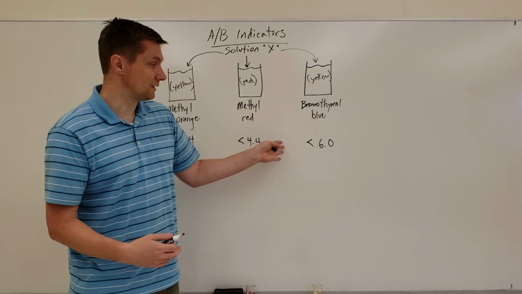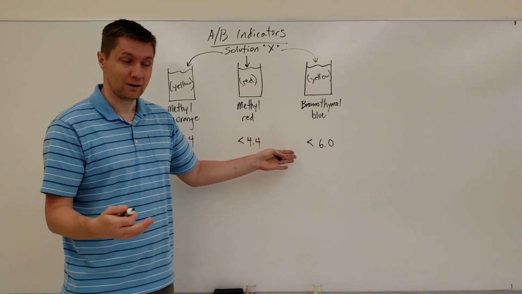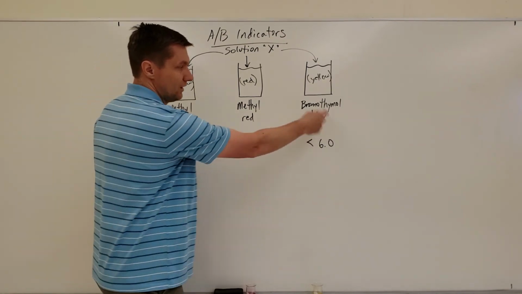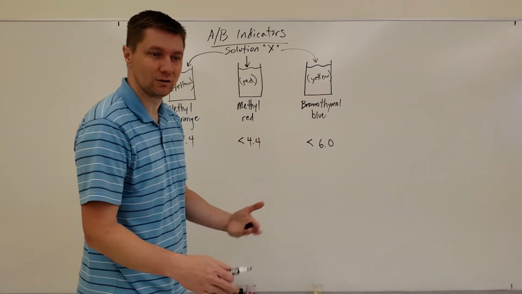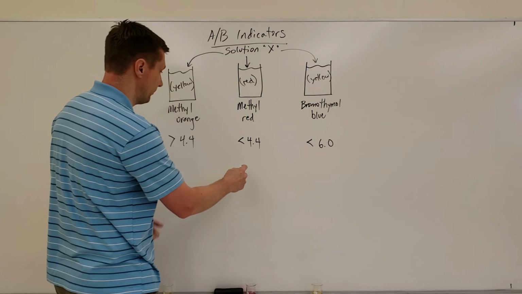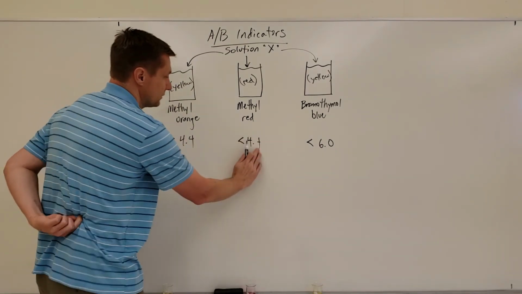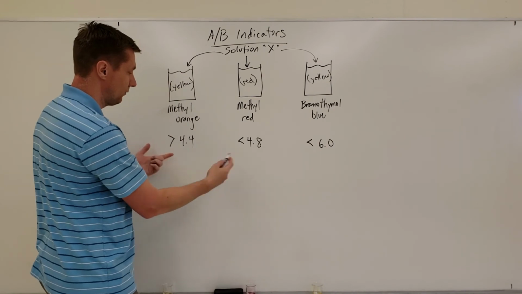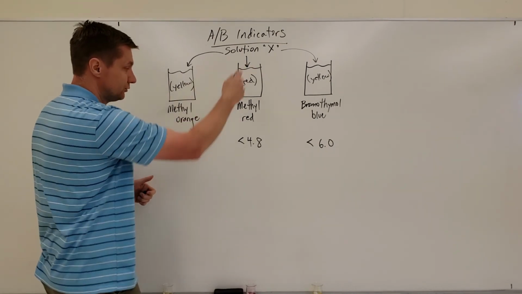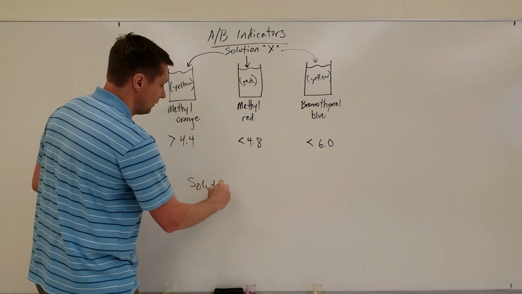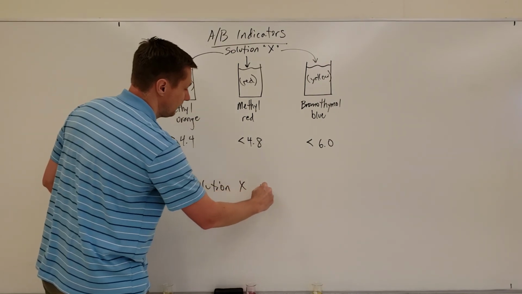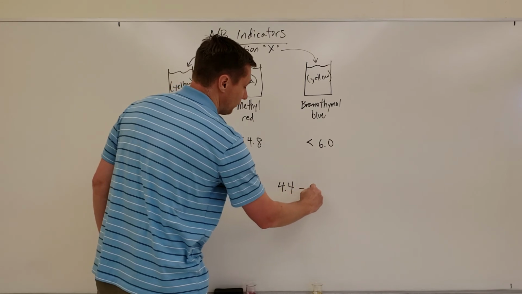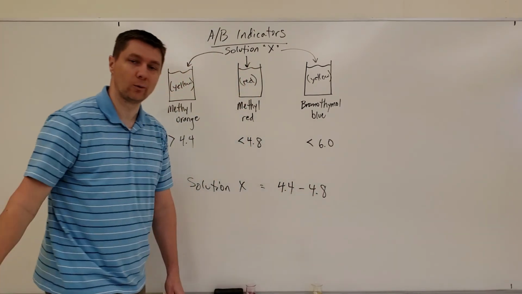So I know it isn't higher than, say, 4.4 or 5 or whatever. I know it's less than this number, so this information now becomes a little obsolete. But I can see here, sorry, this should be 4.8. I can see now that my range for solution X is going to have a pH range of somewhere between 4.4 to 4.8.